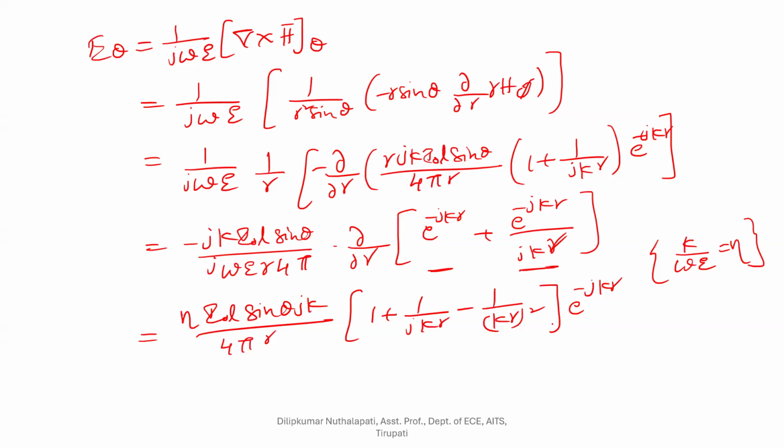Now let us see the other parameters of the same wire antenna, that is the power density and radiation resistance.